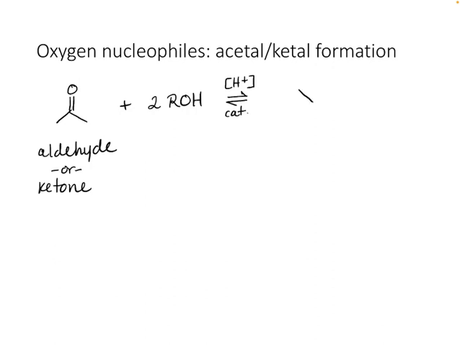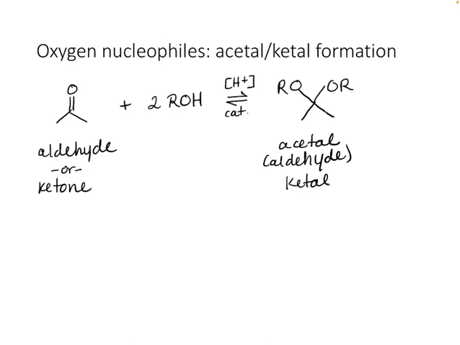That's going to end up forming something called an acetal or a ketal, depending on if you use an aldehyde or a ketone. So the product would be an acetal if you're using an aldehyde as your starting material, or a ketal if you're using a ketone as your starting material. And then water is a byproduct.